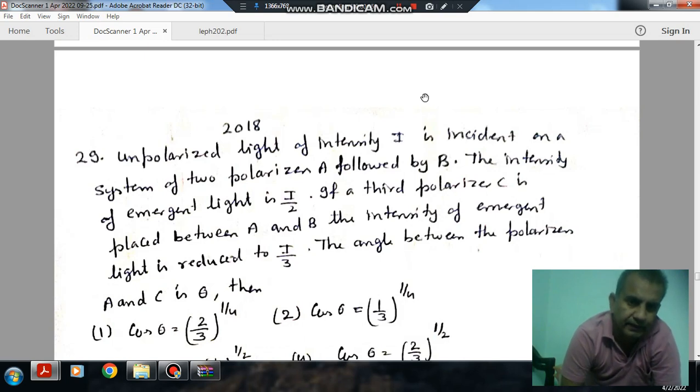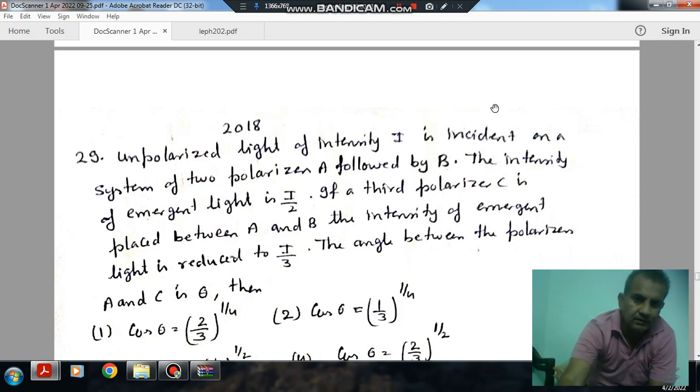Question number 29. Unpolarized light of intensity I is incident on a system of two polarizers, A followed by B. The intensity of emergent light is I by 2. If a third polarizer C is placed between A and B, the intensity of emergent light is reduced to I by 3.